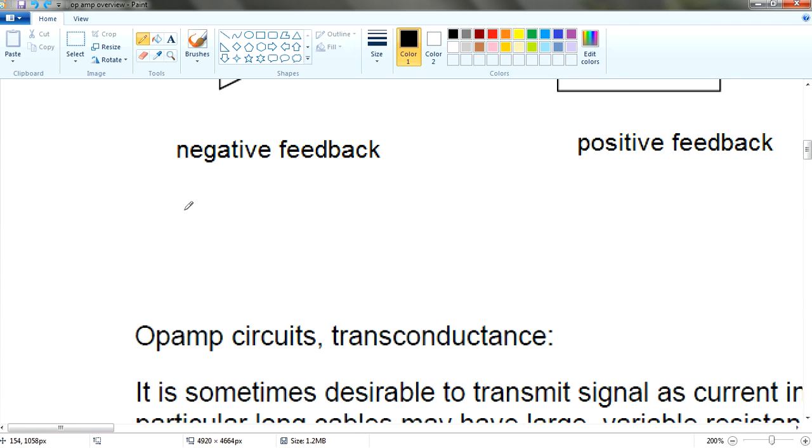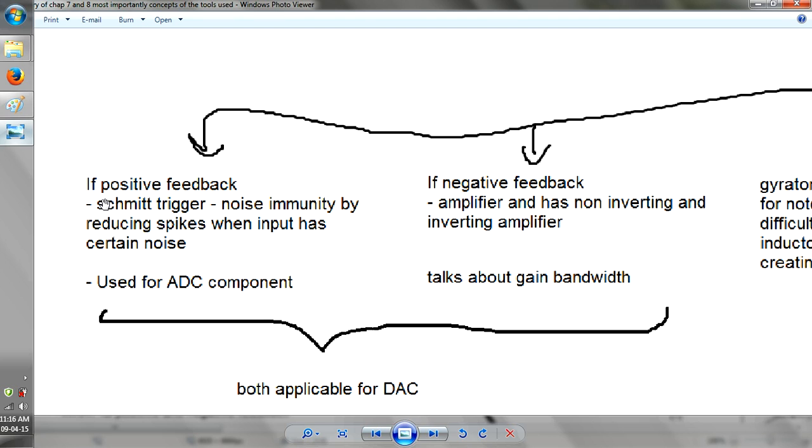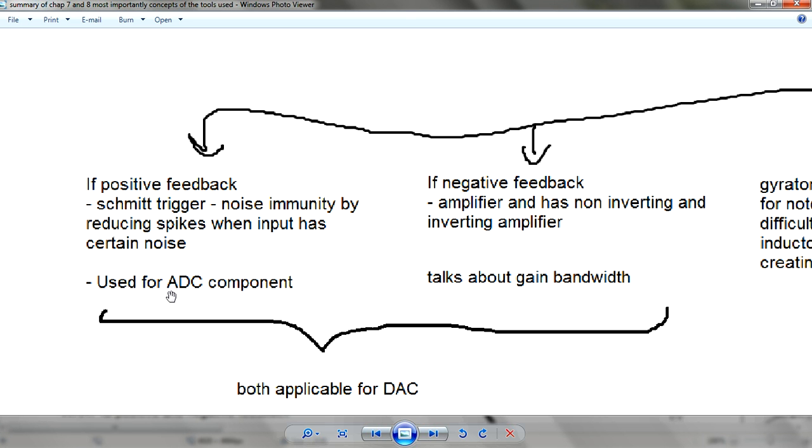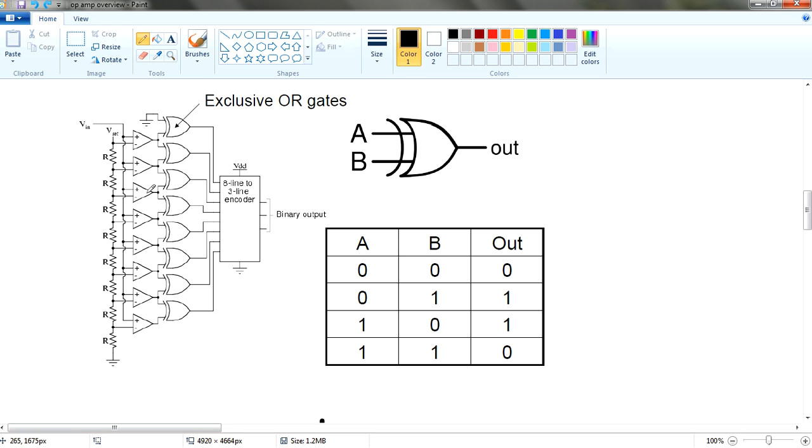But nonetheless, you may also need to take note that positive feedback will also be used for ADC components. For flash ADC, if you remember, this is the flash ADC configuration. The V in inputs and the V reference are connected in series.